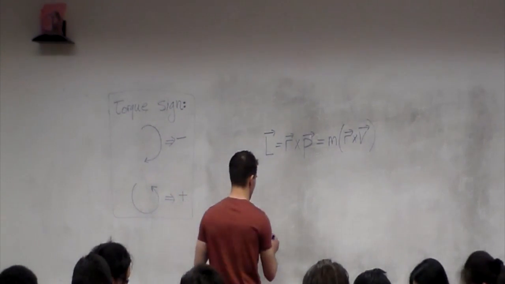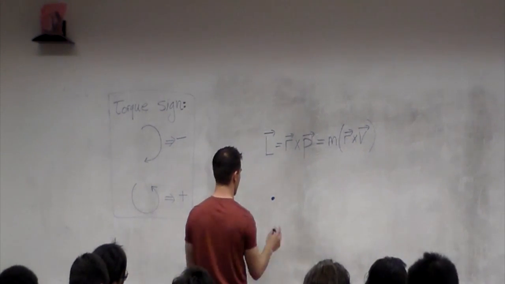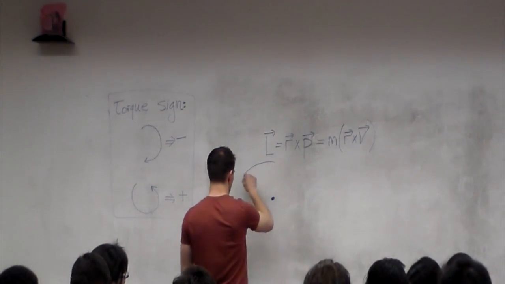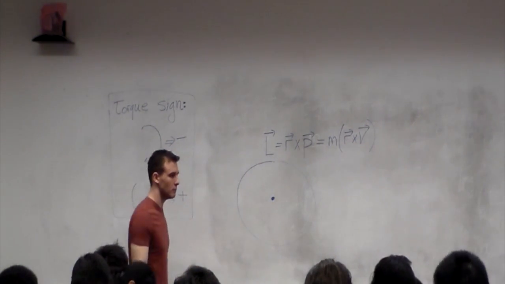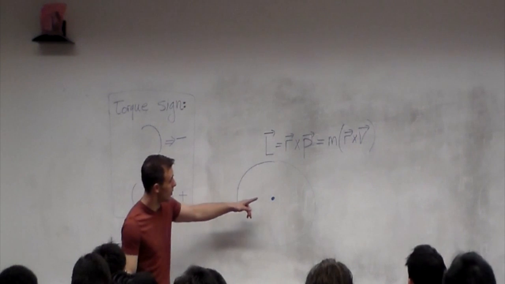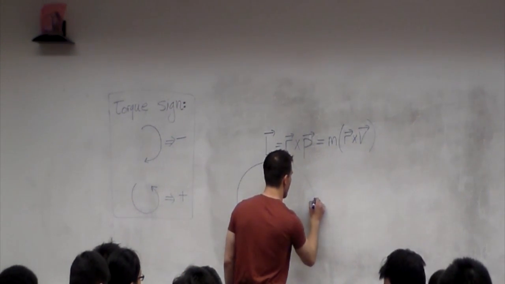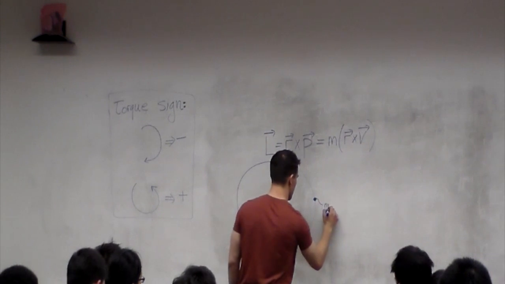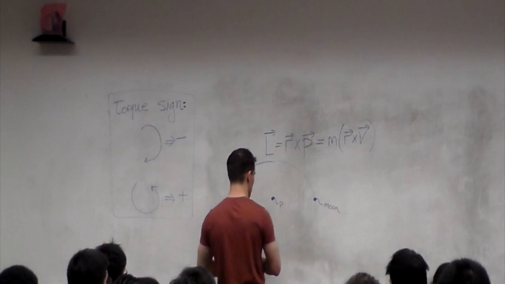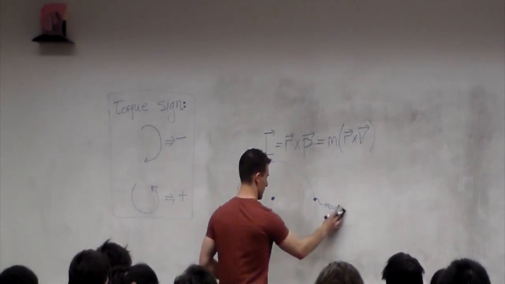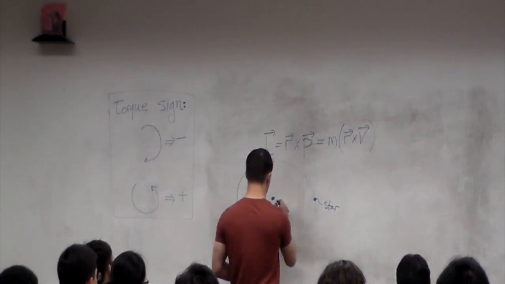So if I had, for example, a point, or this will be like a planet, say, and I had a moon orbiting it, moving in a circle, I can calculate the angular momentum of the moon. This is a moon, this will be a planet. You know what? This is going to be a black hole. This is going to be a star. How about that? This will be a star. This will be a black hole.